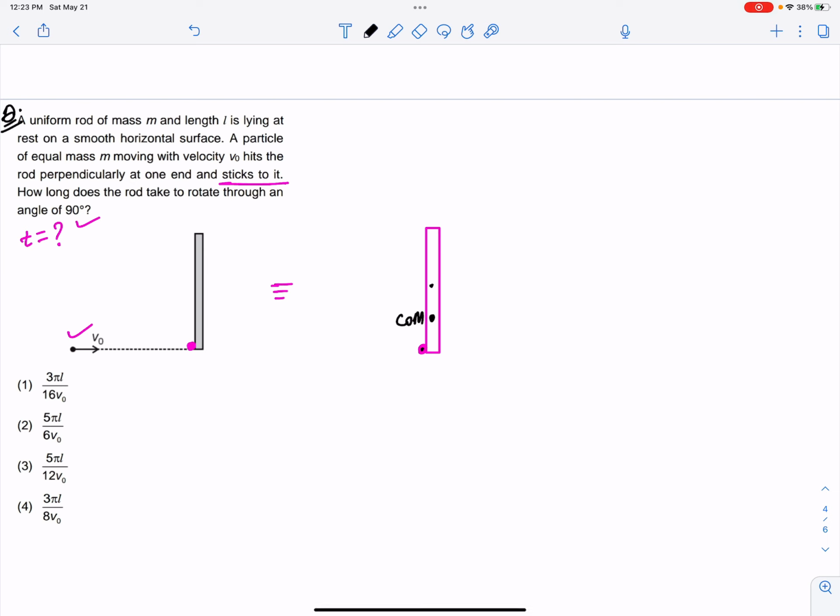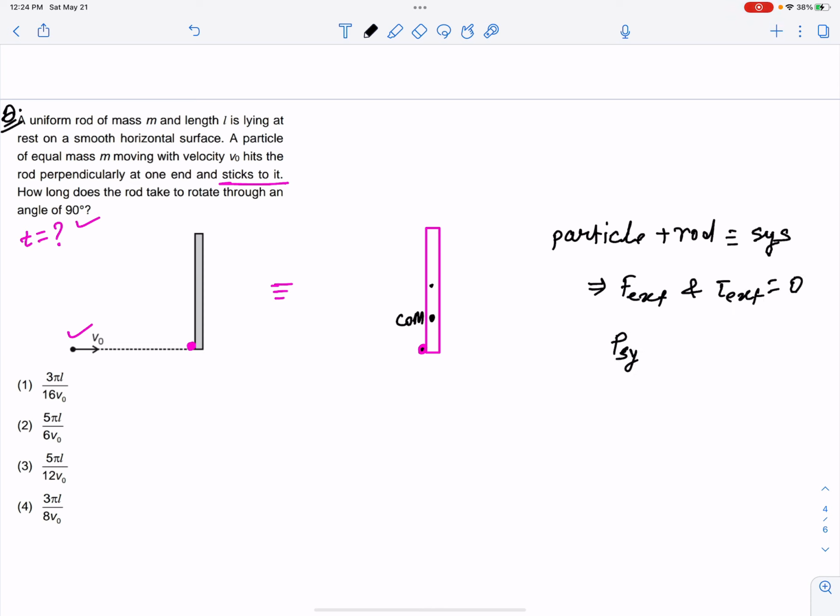So we can think about center of mass. If you take particle plus rod as the system, there is F external 0 and torque external 0. So we can say P system and L system will be conserved.